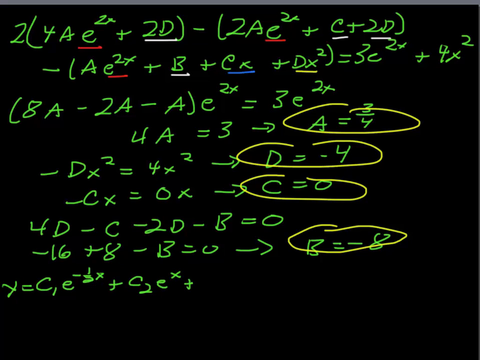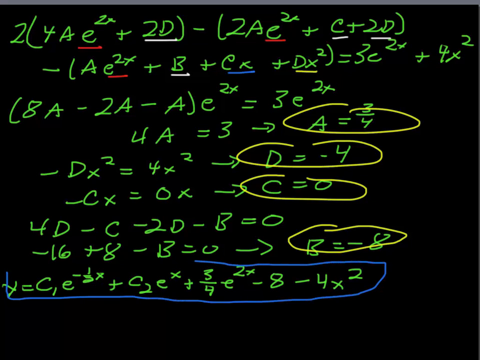Plus 3/4 e to the 2x, that's a, minus 8. C is 0, and then finally d, minus 4x squared. And that is the final answer. Thank you very much.